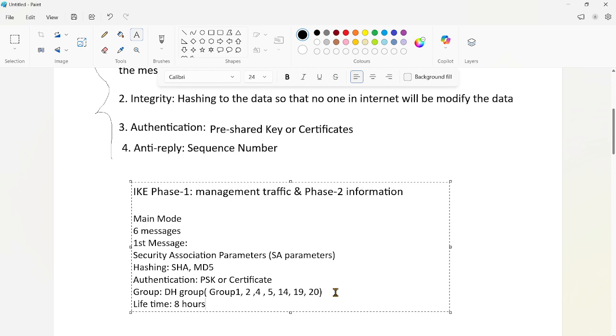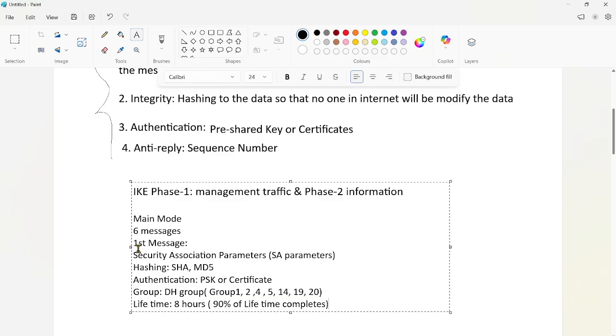Whenever 90% of the lifetime completes, the firewalls will negotiate these SA parameters once again to make sure the parameters have not changed.